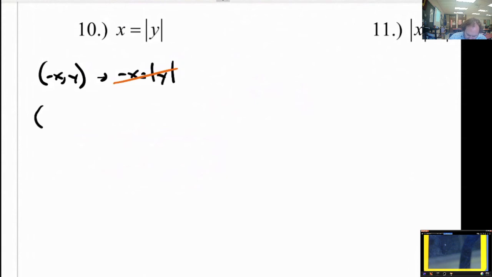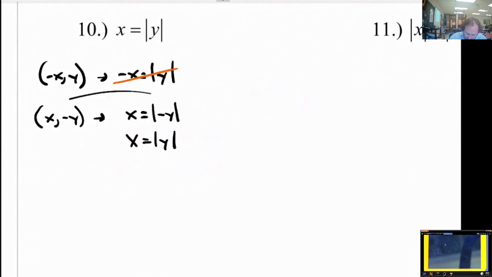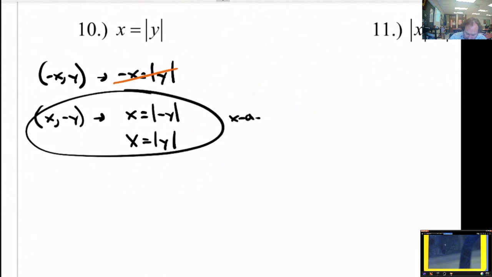But if we test for x-axis symmetry, x, negative y, we have x equals the absolute value of negative y, which is the same as x equals the absolute value of y. This one totally works, x-axis symmetry. But because we've already determined that they both don't work, origin symmetry is going to be out on this one.